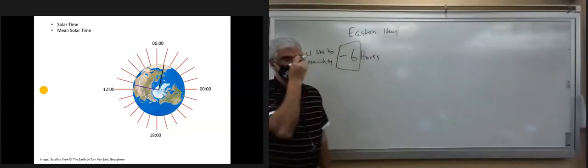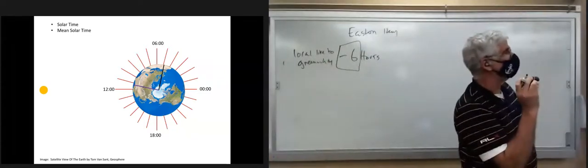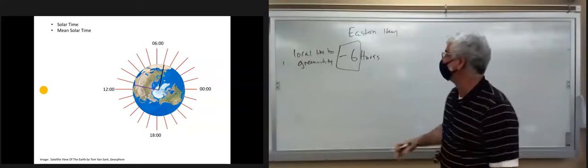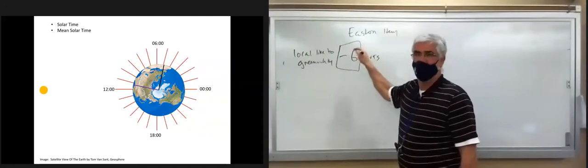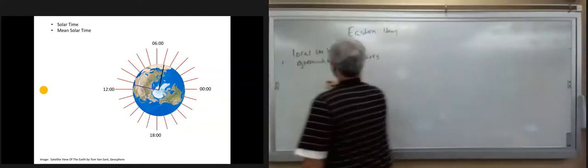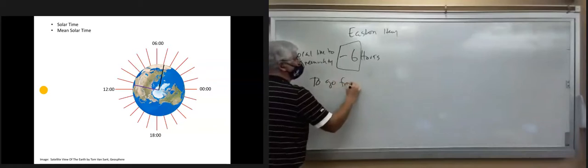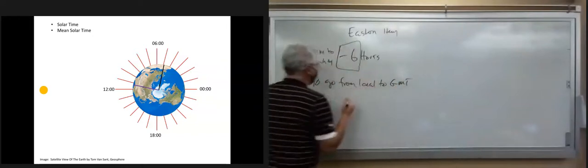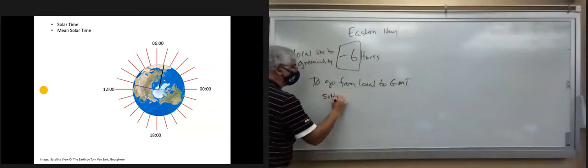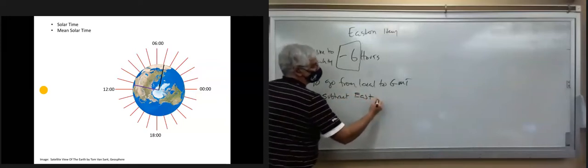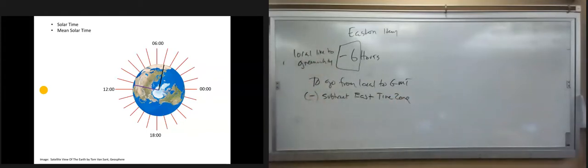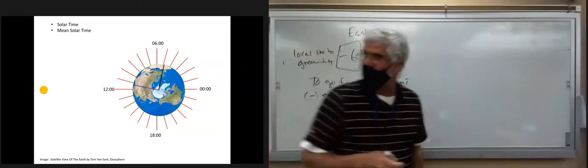So all of our Eastern places are going to be given a minus sign, because we're going to do math with that number. To go from local to GMT, you subtract in an East time zone. So we're going to call that time zone -6.